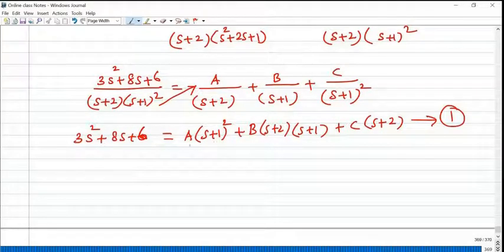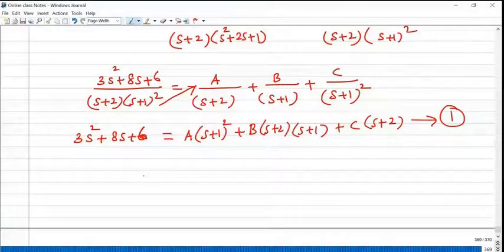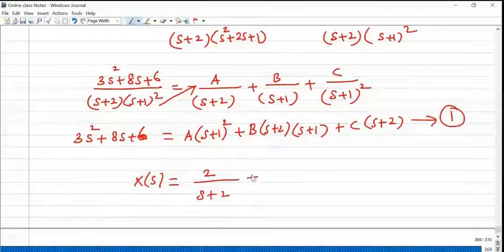From this equation, you substitute s = -2, then you will get A. s = -1, then you will get C. Then compare the coefficient of s² on both sides, the coefficient of s on both sides, and you find one more factor. If you do it, you will get the final value X(s) = 2 / (s + 2) + 1 / (s + 1) + 1 / (s + 1) whole square.